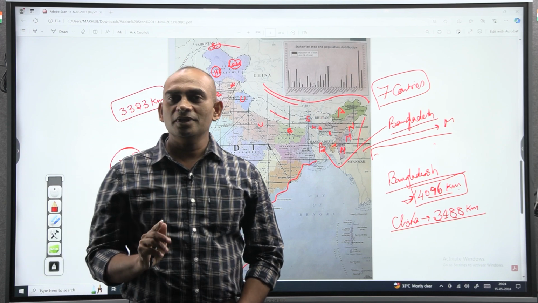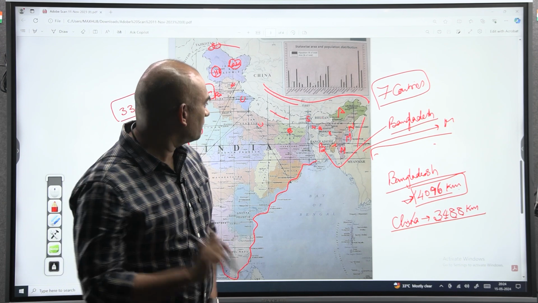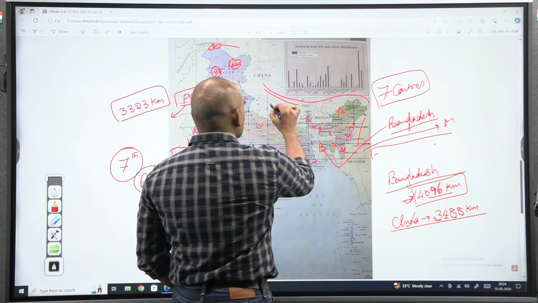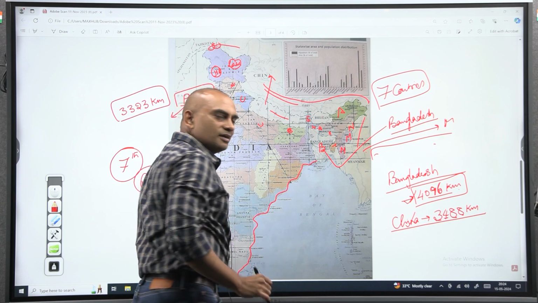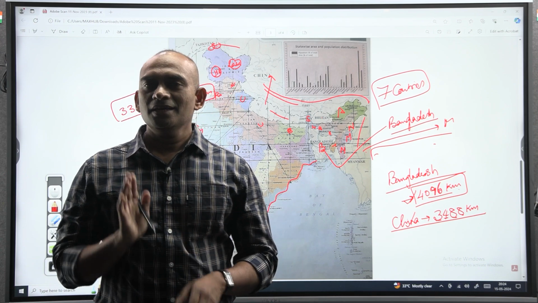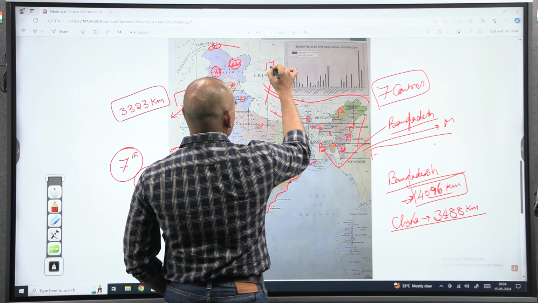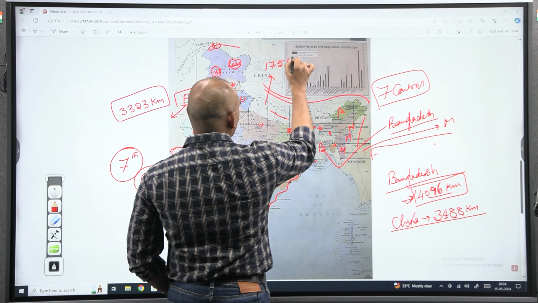That boundary we are sharing with Pakistan. And look at Nepal. With Nepal, India is sharing 1,751 kilometers.